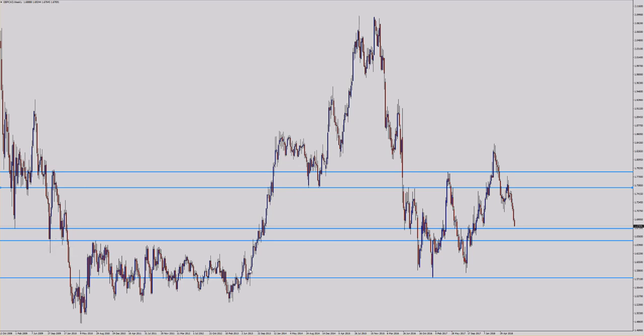We come up into this area, we come back up, and we break through, but a little battle is fought here on the weekly, comes back up, nice little battles fought here, comes back down to these areas. So there are areas where battles have been taking place, they've been respected, they're significant. Multiple times price turns, reverses before breaking through.